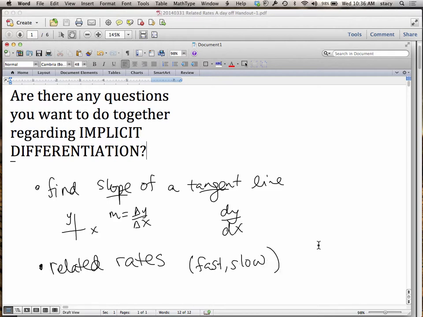Those are context clues to tell you that you should be taking the rate of change with respect to time. Yes? Right.